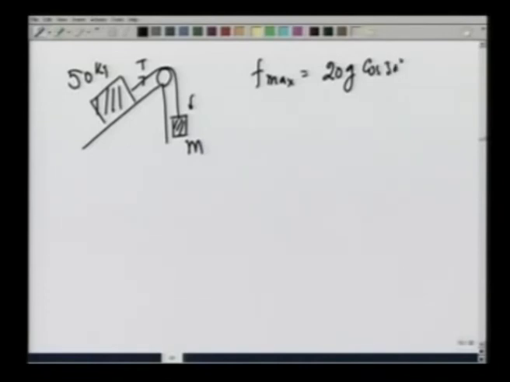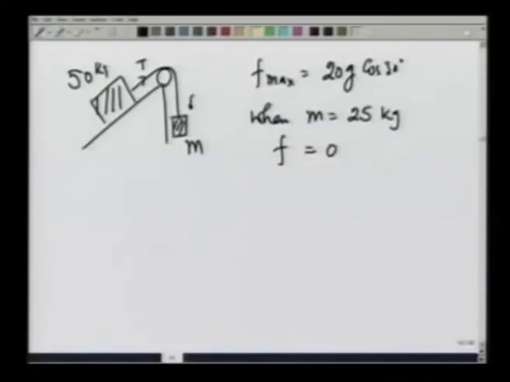If I increase this mass, it will start going down. In fact, when m equals 25 kgs, and we had calculated earlier that for m equals 25 kgs, I do not really need any friction to have equilibrium, the frictional force would be 0.